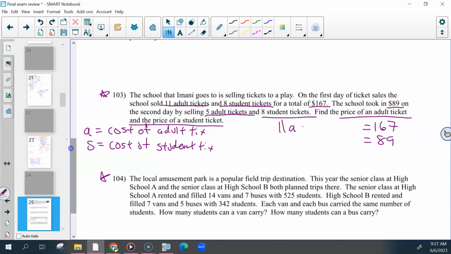Total we're adding. And then 8 student tickets goes with the cost of student tickets, so 8S. And then the same thing for the second one, 5A plus 8S.